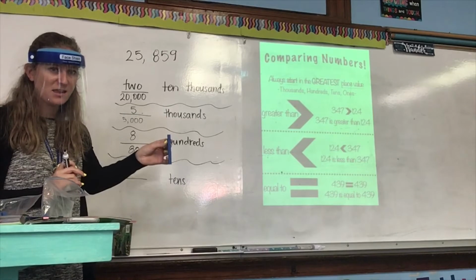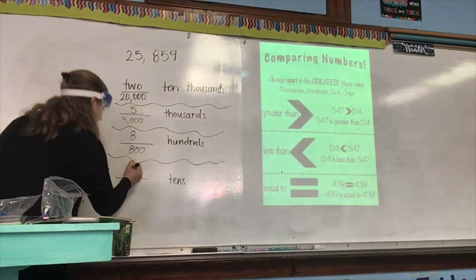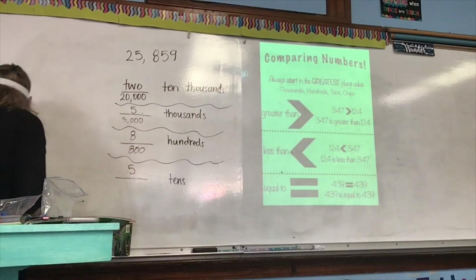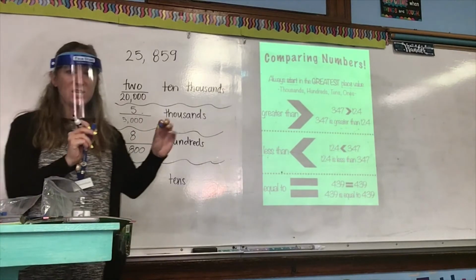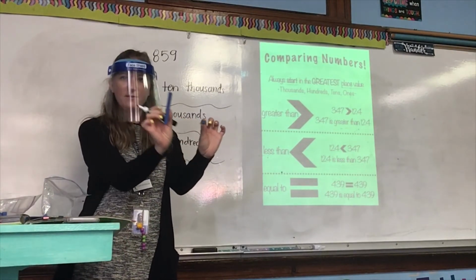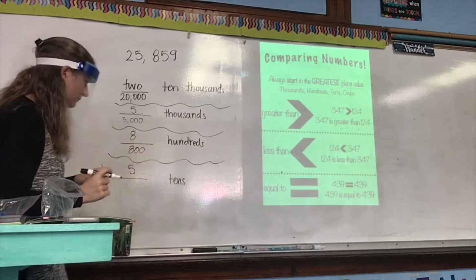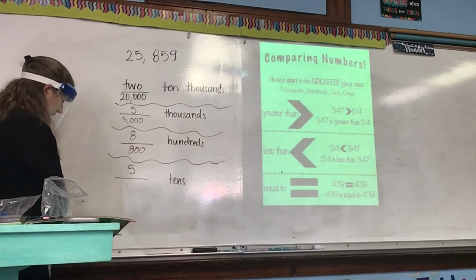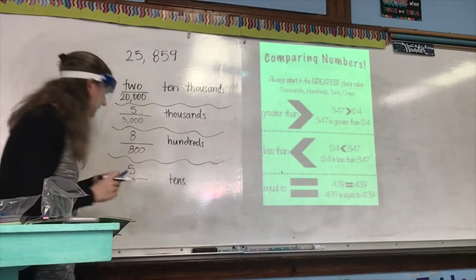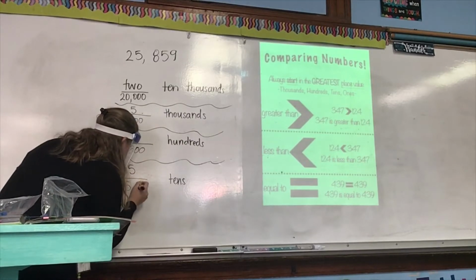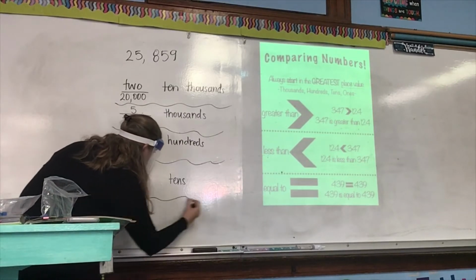How many, Smith? 5. Now, how many of these ones cubes are in 5 of these 10 rods? 50. So 5 tens is worth 50.